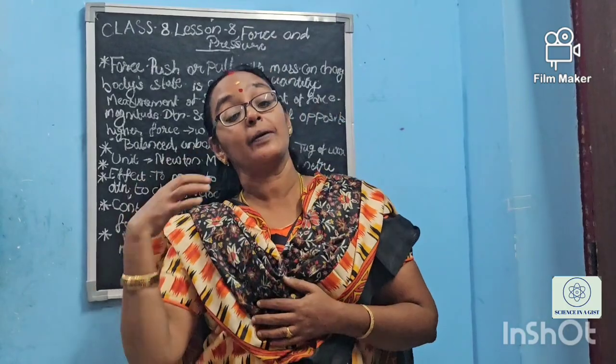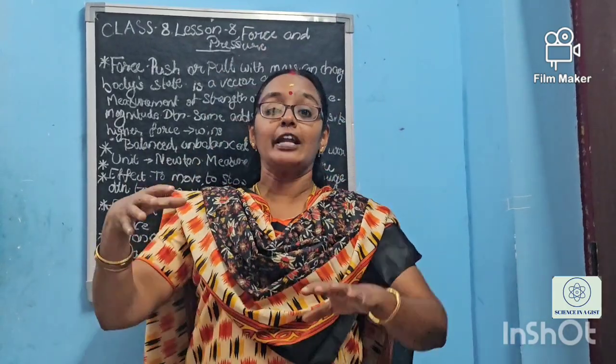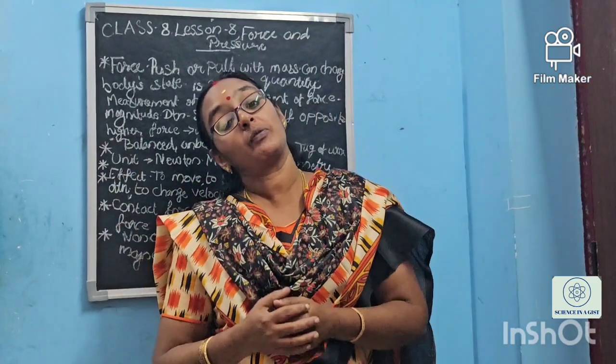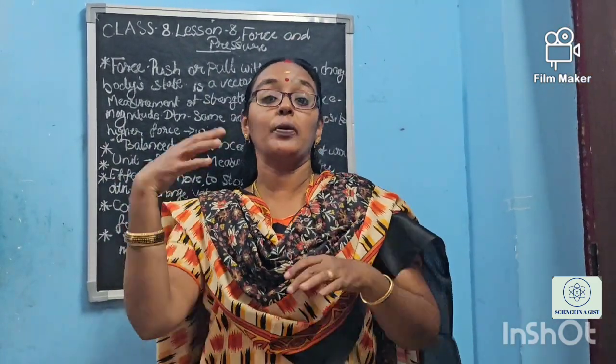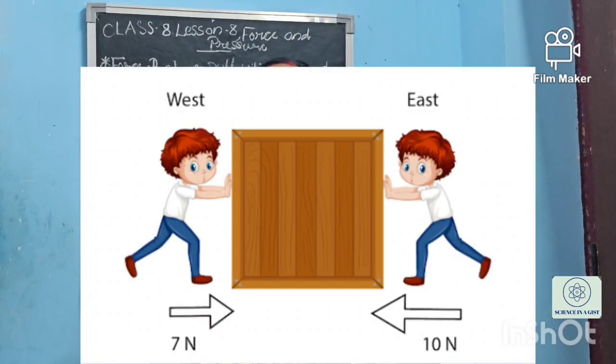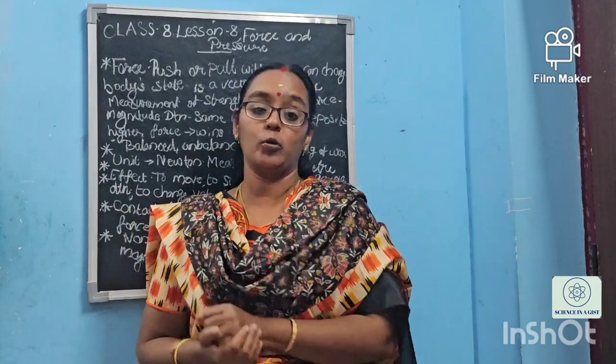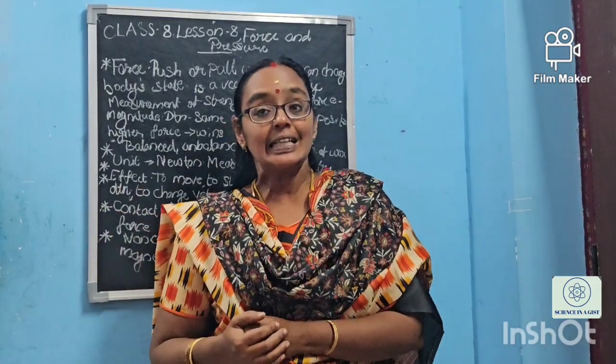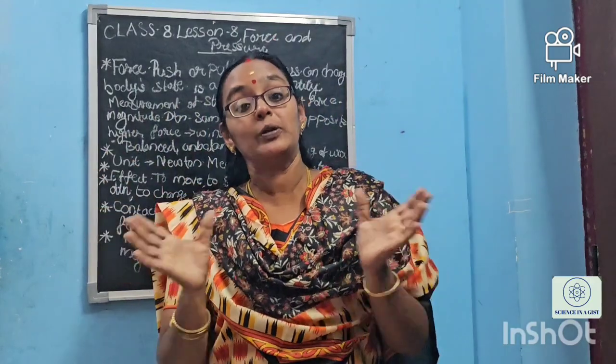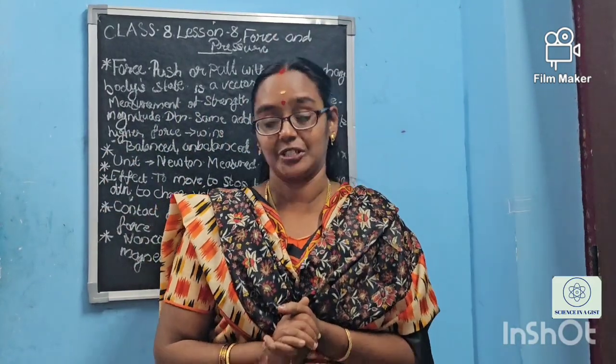It will be easily moved. If someone is pushing the table from the opposite direction, what will happen? To which extent, or who has much more force, in that direction the bench or the table will be moving, right? Thus we are able to understand that the force has direction.